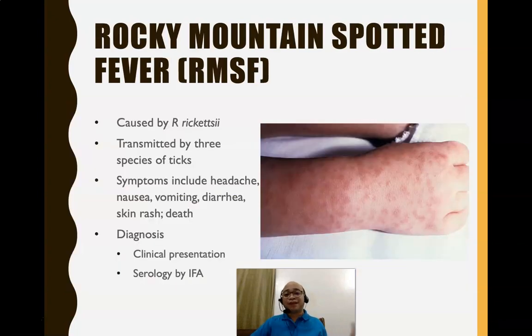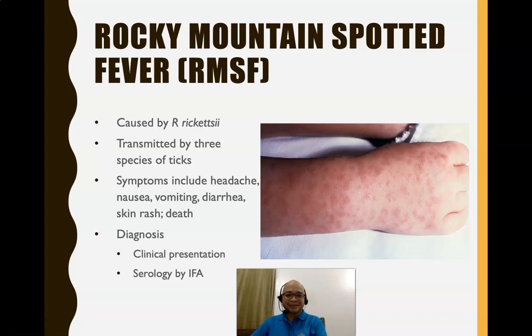One of the most popular, of course, is Rocky Mountain spotted fever caused by Rickettsia rickettsii. It is transmitted by 3 species of ticks, and symptoms include headache, nausea, vomiting, diarrhea, skin rash, and if left untreated, death. Diagnosis would be clinical presentation, of course, and indirect fluorescent assay.